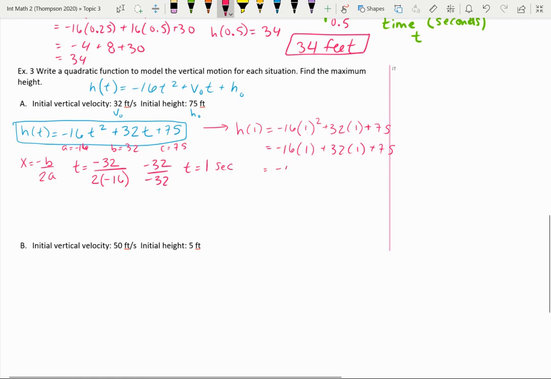Negative 16 times 1 is negative 16. 32 times 1 is 32, plus a 75. Negative 16 plus 32 plus 75 is 91. So h of 1 equals 91. You could also write this as a coordinate. The piece of information we're looking for is the maximum height. So my height is going to be 91 feet.